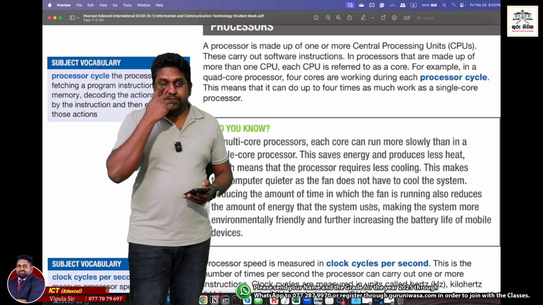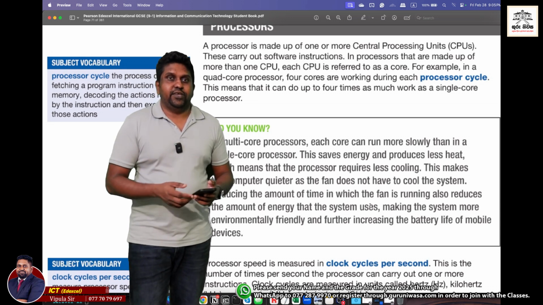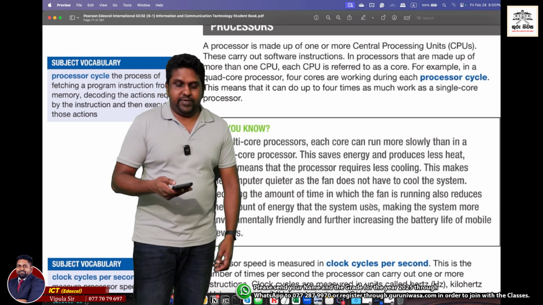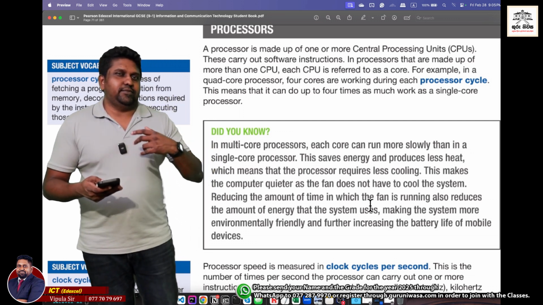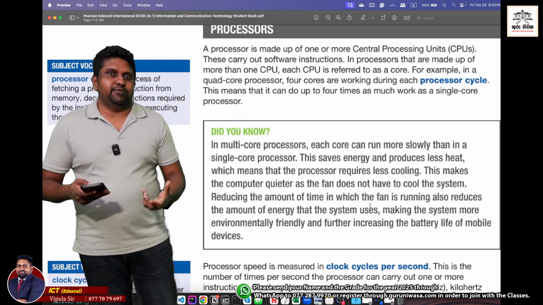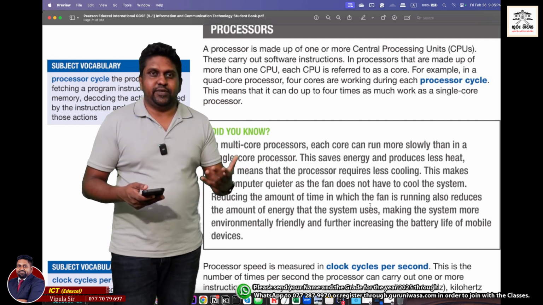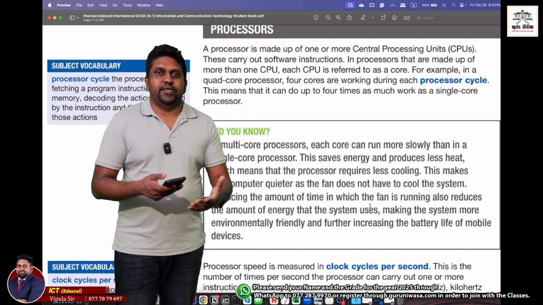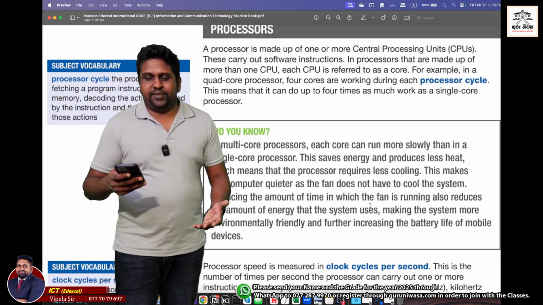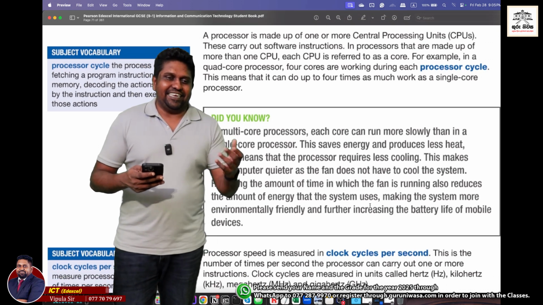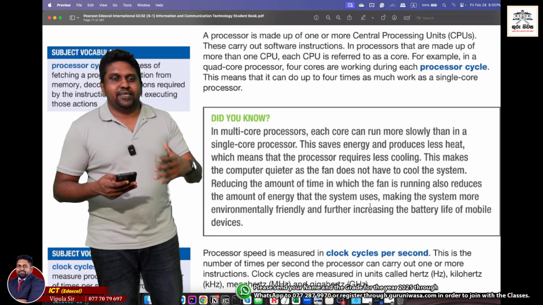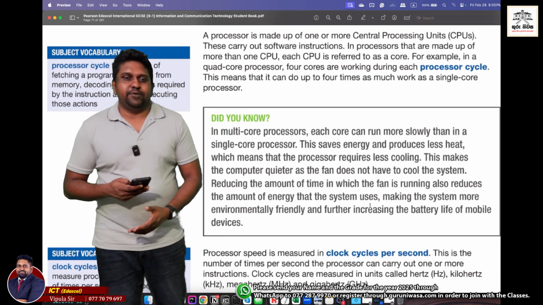But if your device has 10 cores, they don't all have to run at that high speed, because your usage can be distributed. That's how the system works with multi-core processors.